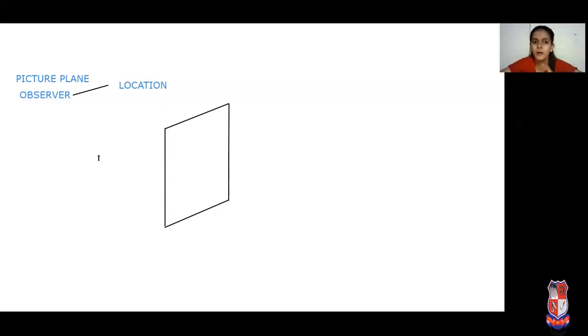Because of the change of location of the observer. That means we can conclude that if the location of the observer changes, the perspective view will change. And consider another point for observer, that is height.